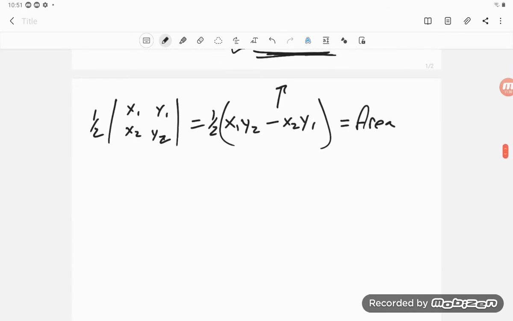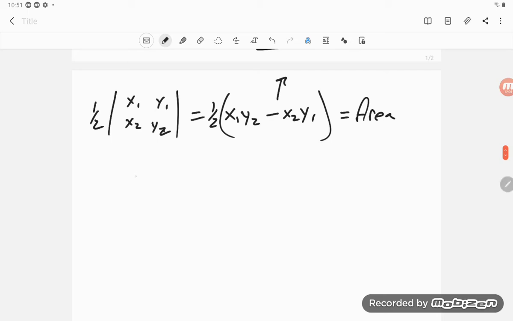Now, of course, an interesting question is, well, could I do it with 3 points and a volume of a pyramid? 3 points in 3 dimensions.